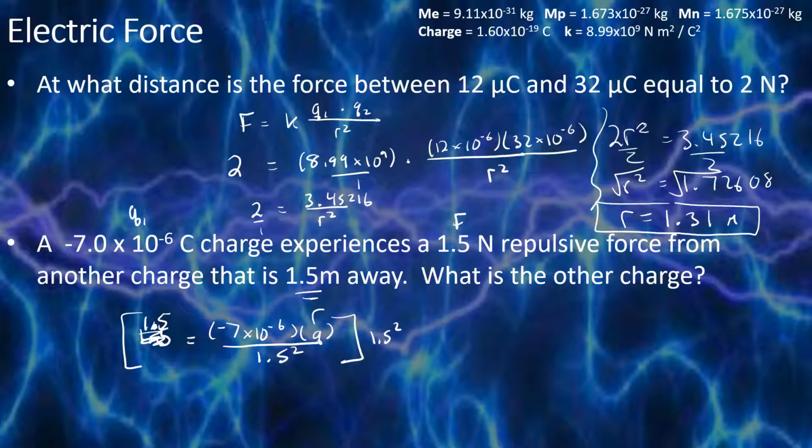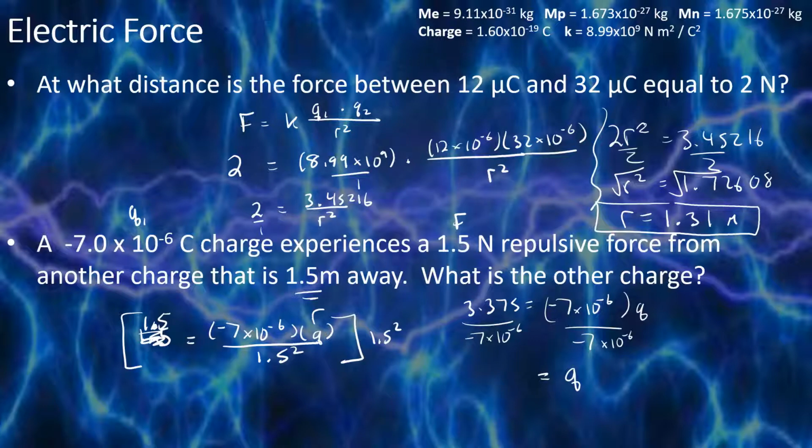So I basically get 1.5 cubed on the one side. And that's going to lead us to 3.375 equals negative 7 times 10 to the negative 6 Q. So we'll divide both sides by negative 7 times 10 to the negative 6. And keeping that sign is going to get me the correct Q.